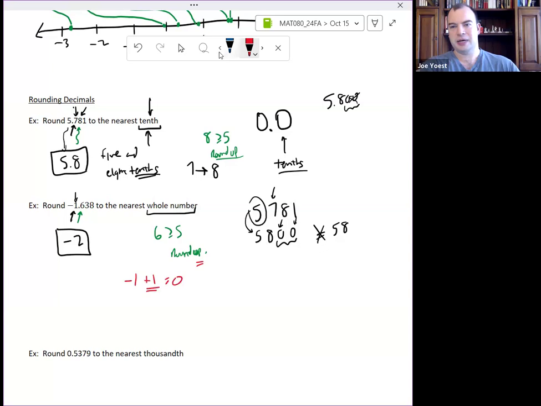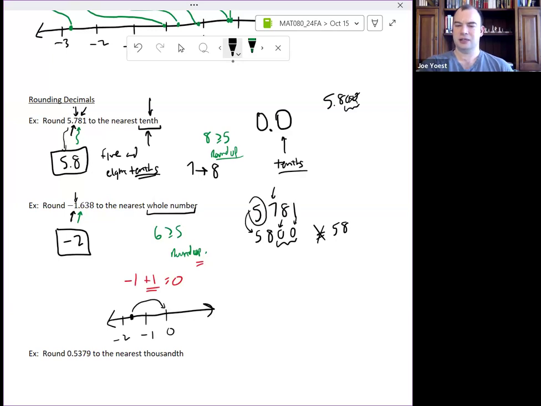Well, let's think back to the number line. Here's 0, here's negative 1, here's negative 2, and negative 1.638 is maybe something like here. Do I think the nearest whole number, the nearest integer point to this decimal point, is all the way over here?